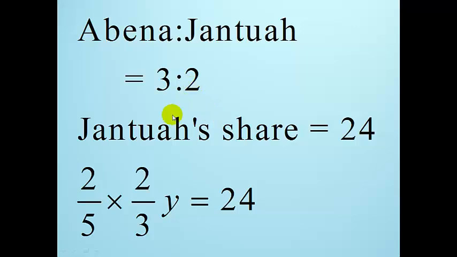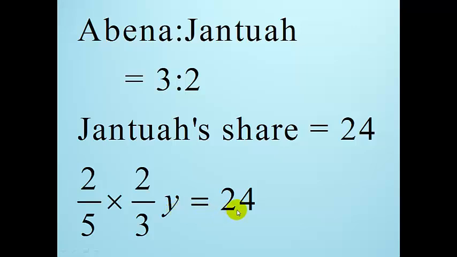That is 2 over 5, because the total ratio is 3 plus 2, which is 5, times the remainder, and the remainder is 2/3y. And this is equal to 24, because Jantua's share is equal to 24 from the question. So we have 2 over 5 times 2/3y is equal to 24.